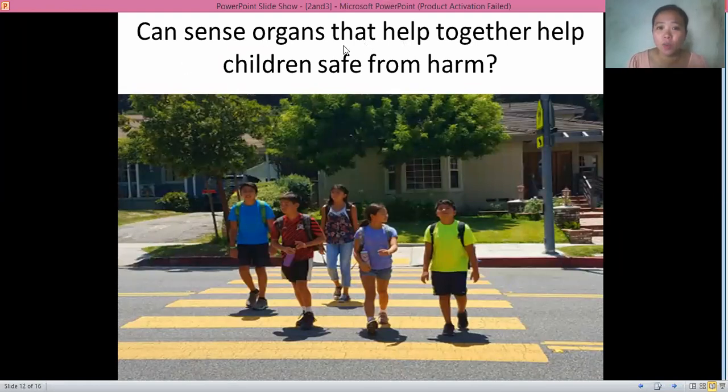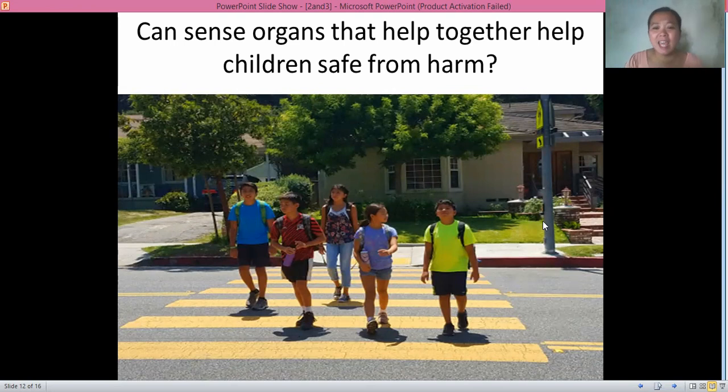So can sense organs working together help children stay safe from harm? If they are going to cross the street, can the sense organs help this boy, this group of people, to be safe from the cars? Is it a yes or a no?